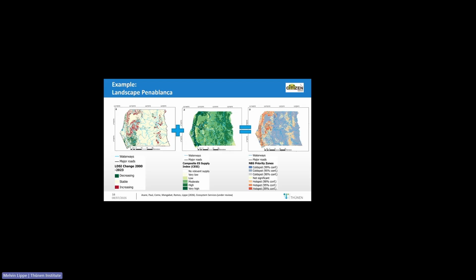Then the next map, which is shown in green, we try to calculate a composite ecosystem supply index to understand where the high ecosystem service supply potentials are. Because of course, both together, and this is the final map on the right side, give us potential priority zones.